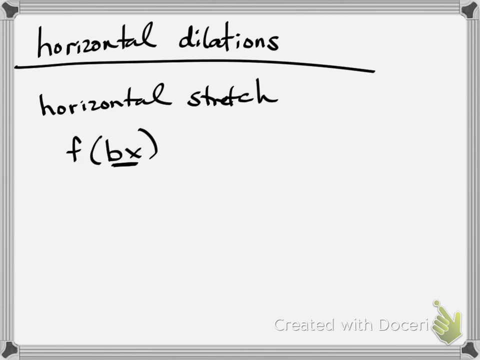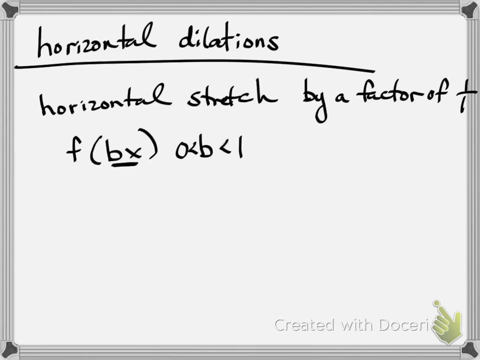So horizontal, it's in there affecting the x. If b is between 0 and 1, so if b is a fraction, then it's actually a horizontal stretch. So it's completely the opposite of the vertical. By a factor of 1 over b. So it's the reciprocal.